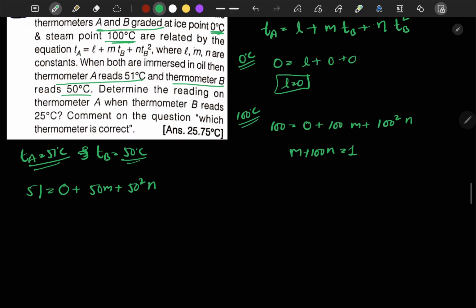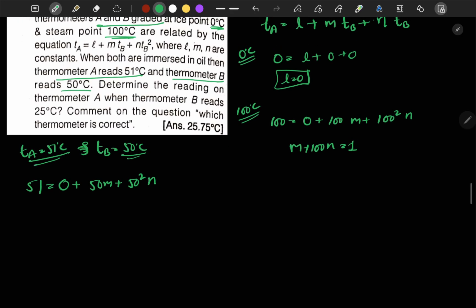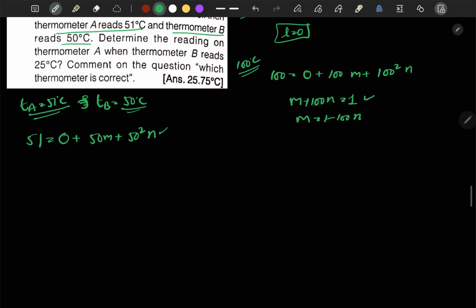Okay, so using this equation and this equation, we can calculate M is equal to 1 minus 100 N. So we will substitute this here.